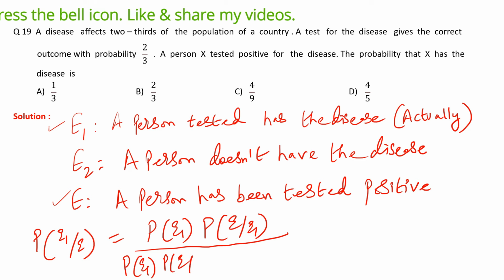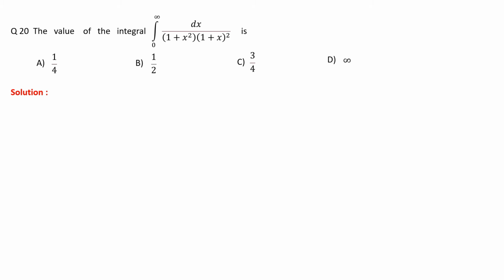Now we move to the last question of this video. Now students, this is the last question of this video. The question says the value of the integral 0 to infinity dx upon (1 plus x square) into (1 plus x) whole square is. It's a question based on substitution. We will have to look for the right substitution.